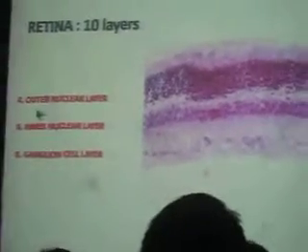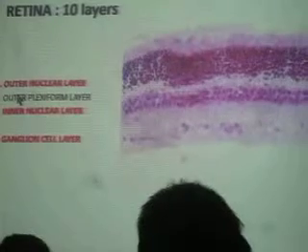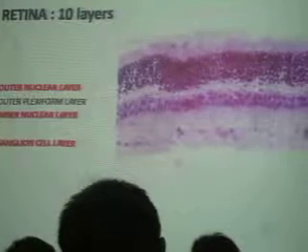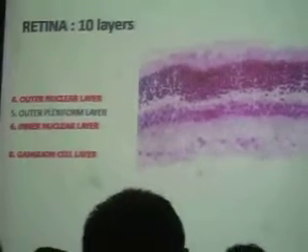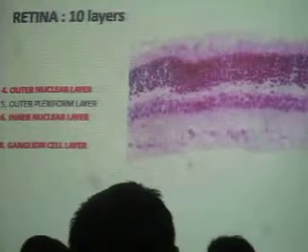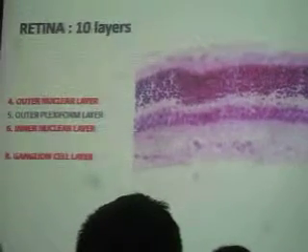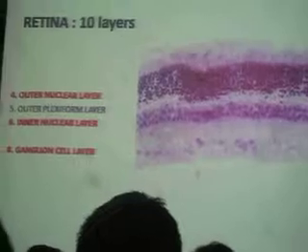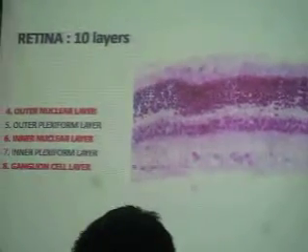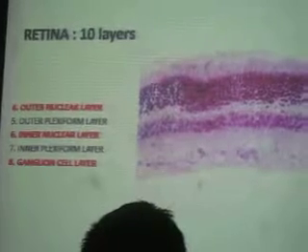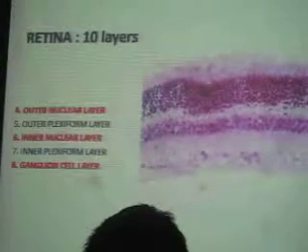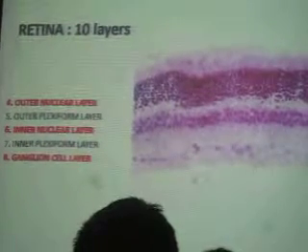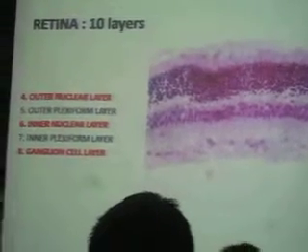The synapses happen in the outer plexiform layer, connections, plexus. And the axons of your bipolar cells in the inner nuclear layer and the dendrites of your ganglion cells will give you the inner plexiform layer.